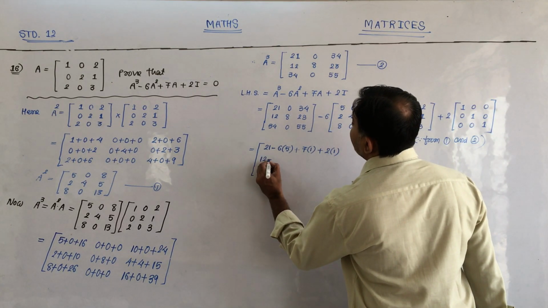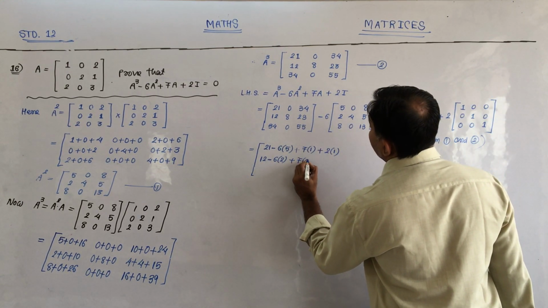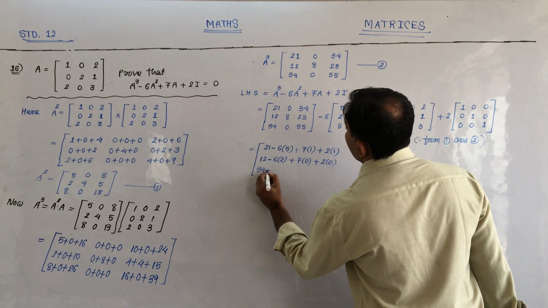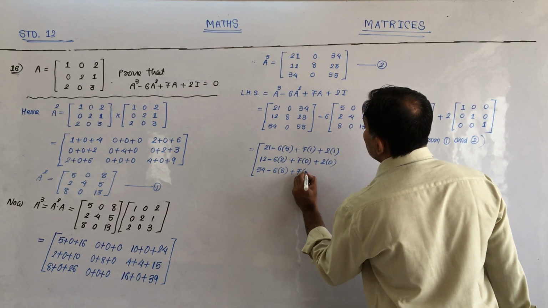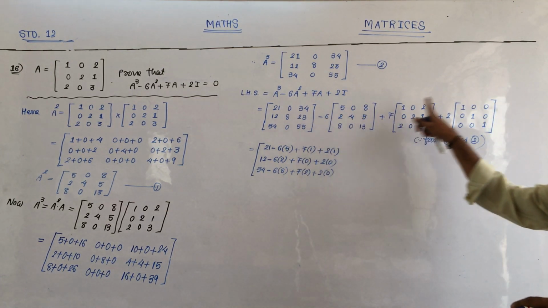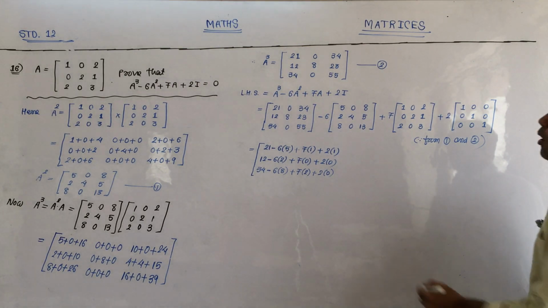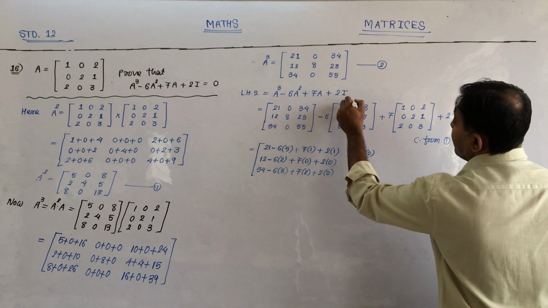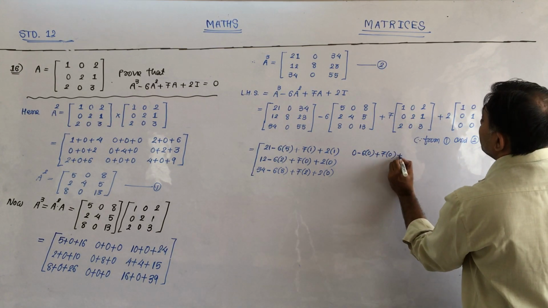Now 12 minus 6 into 2 here, plus 7 into 0 and plus 2 into 0. After that 34 minus 6 into 8, see here, plus 7 into 2 and plus 2 into 0. I just write all the matrices in a single row. Now the second column, now I write 0 minus 6 into 0, plus 7 into 0 and plus 2 into 0.